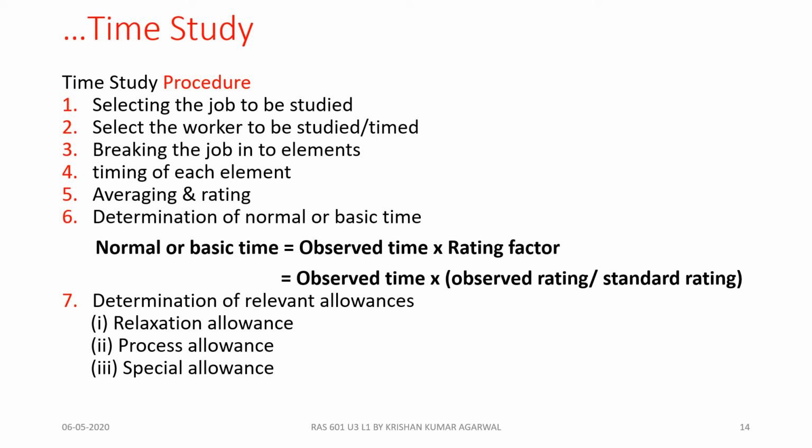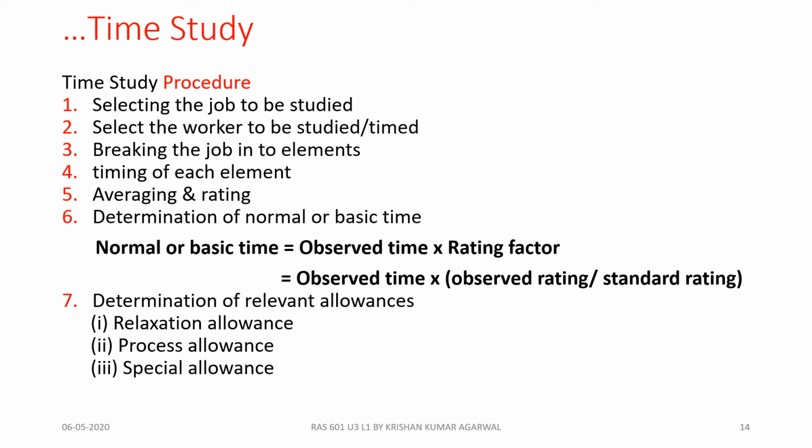And last but not least, allowances are also required, since we are all human beings and we need to fulfill requirements that may be body related or situation related. So at the workplace, some kind of relaxation is provided as allowances.